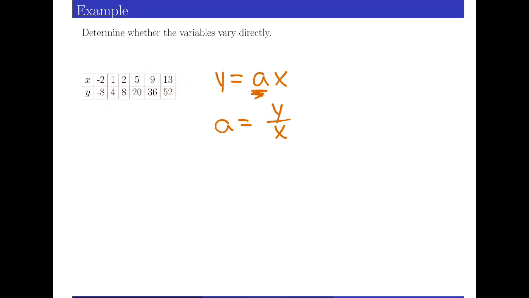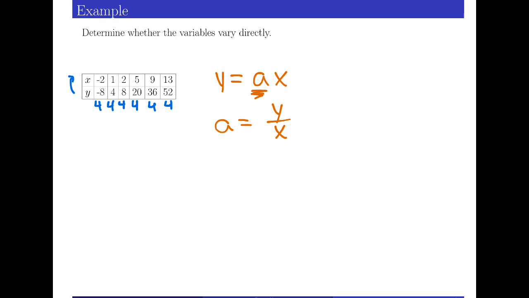So we're going to do y divided by x. In the first pairing, negative 8 divided by negative 2 is a positive 4. 4 divided by 1 is a positive 4. 8 divided by 2 is a positive 4. 20 divided by 5 is 4. 36 divided by 9 is 4. 52 divided by 13 is also 4.